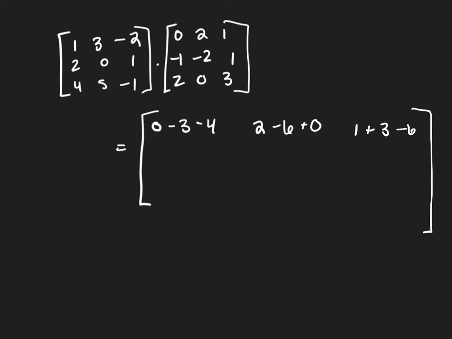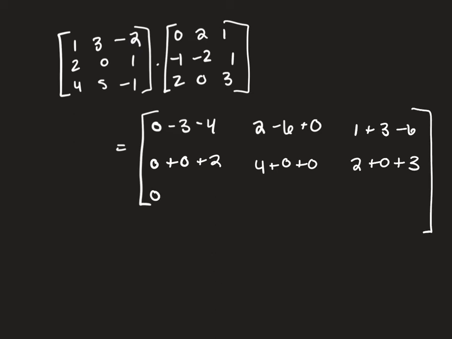Then we're going to go our second row with each column. So we will get 0, and then 0 again, and then 2. Then we will get 4, 0, 0, and 2, 0, 3. Then we'll go with our last row.